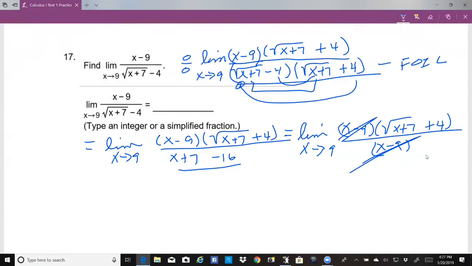We get rid of the problem with x equal 9 and cancel out the factors here. And so calculating this limit, we get the square root of 9 plus 7 plus 4, equal to the square root of 16 plus 4, which is equal to 4 plus 4, which is equal to 8. So the limit is 8.